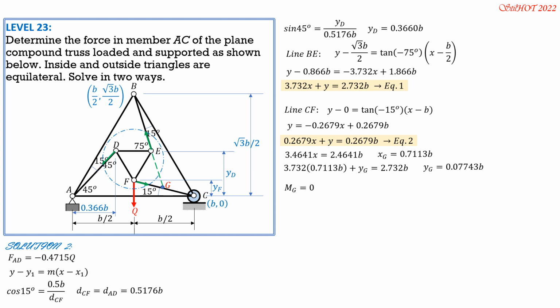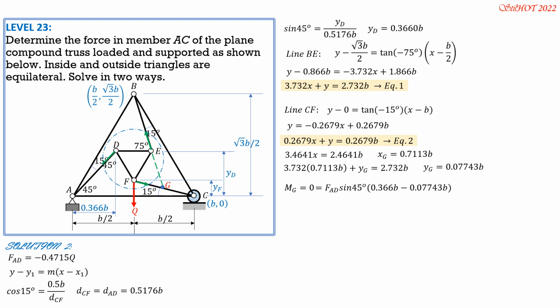The horizontal component of FAD is FAD sine 45. The moment arm is equal to YD, which is 0.366b. This vertical distance here is YD minus YG, and YG is 0.07743b.